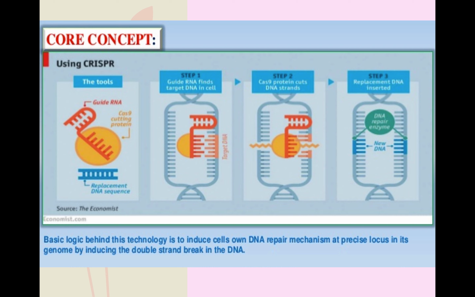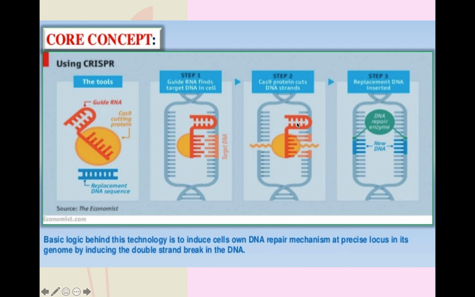Apart from that, the first step is for the guide RNA to find the target DNA itself. You probably don't really see how it is done in the previous slide, so hopefully you could see it better over here. The function of the guide RNA or the tracer RNA is to make sure that it finds the target DNA, because it should have the complementary sequence.